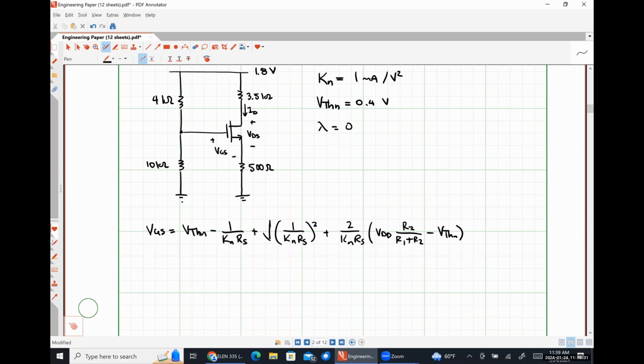Let me extend this square root sign like so. And if we plug in our numbers, we wind up getting 1.146 volts. And if any of you guys want to pull out your calculator and verify that, go nuts.